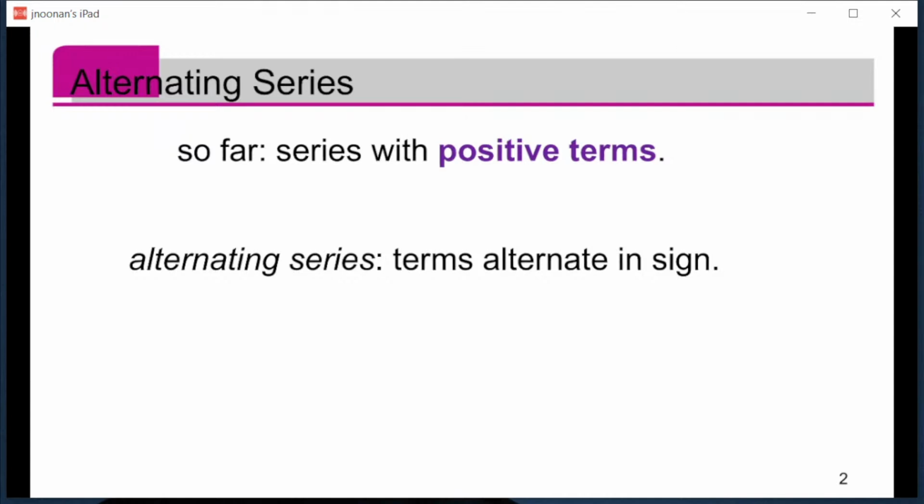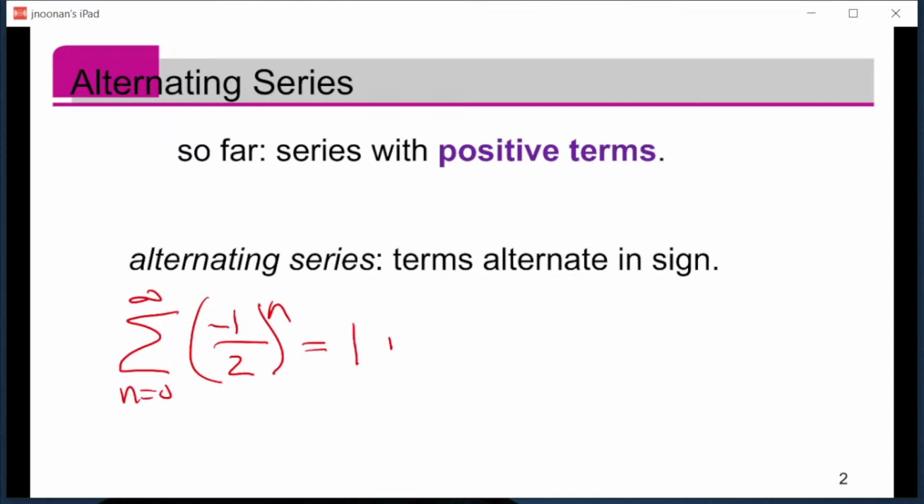For example, this one, negative 1/2 to the n power. That is an alternating series. Let me write down the terms. Sorry, I just wrote the wrong symbol. Let's try again.